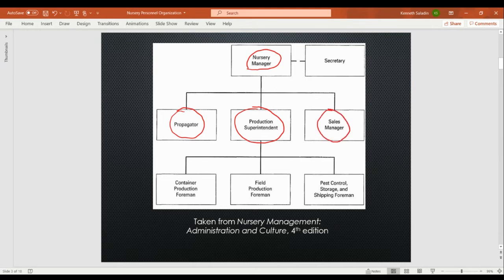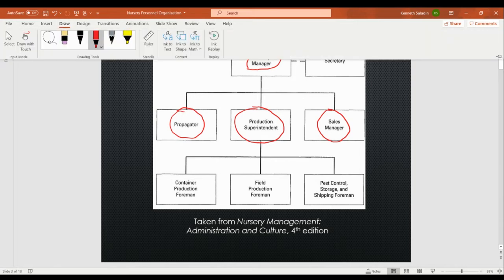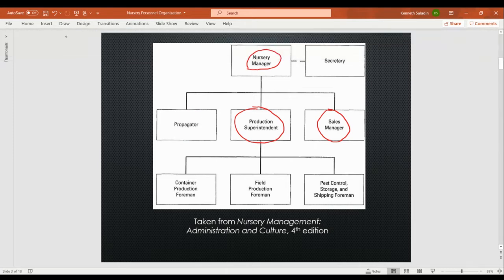So let's go ahead and begin with the propagator. So the propagator is the person that's responsible for the propagation of all the different trees and shrubs and ground covers that a nursery would require in terms of its production output.